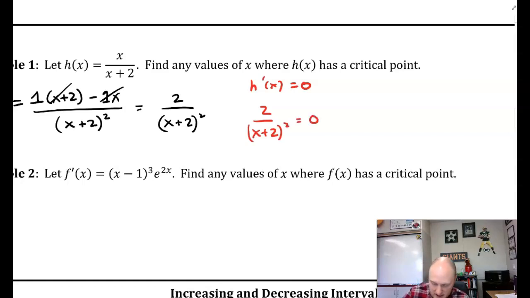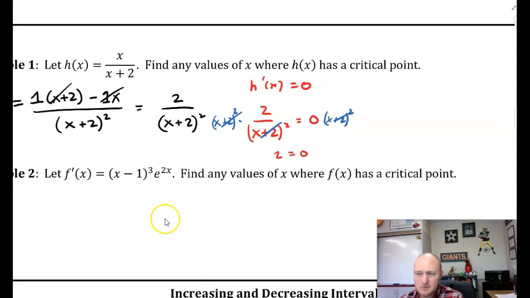I can solve by multiplying both sides by x plus 2 quantity squared. This cancels, and we end up getting 2 is equal to 0. Well, 2 is never equal to 0. So this never happens. Never. So I don't have a slope of 0 ever for this function.